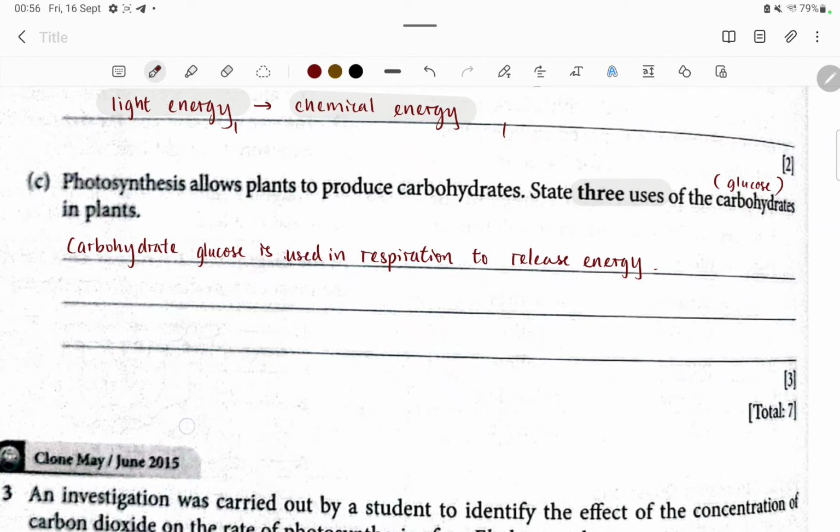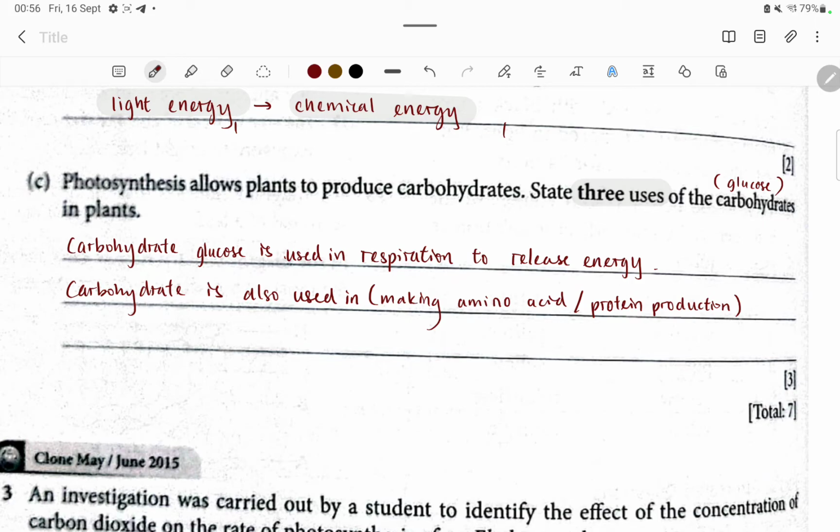And then other than that, carbohydrate is also used in making amino acid, or you can write protein production.